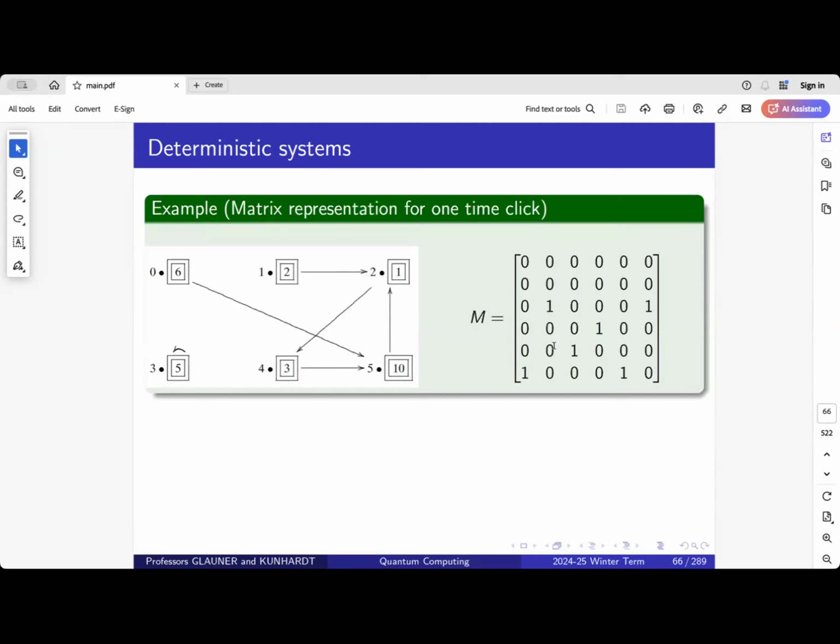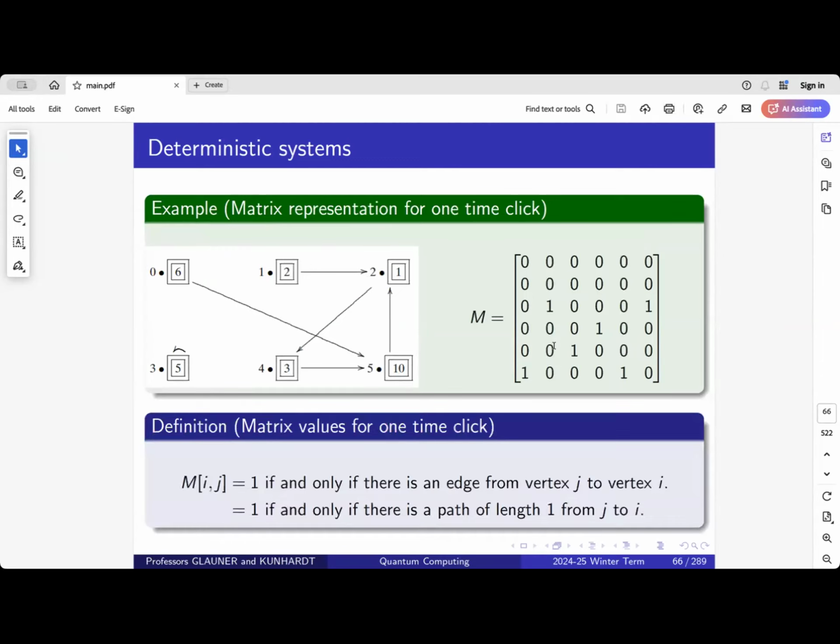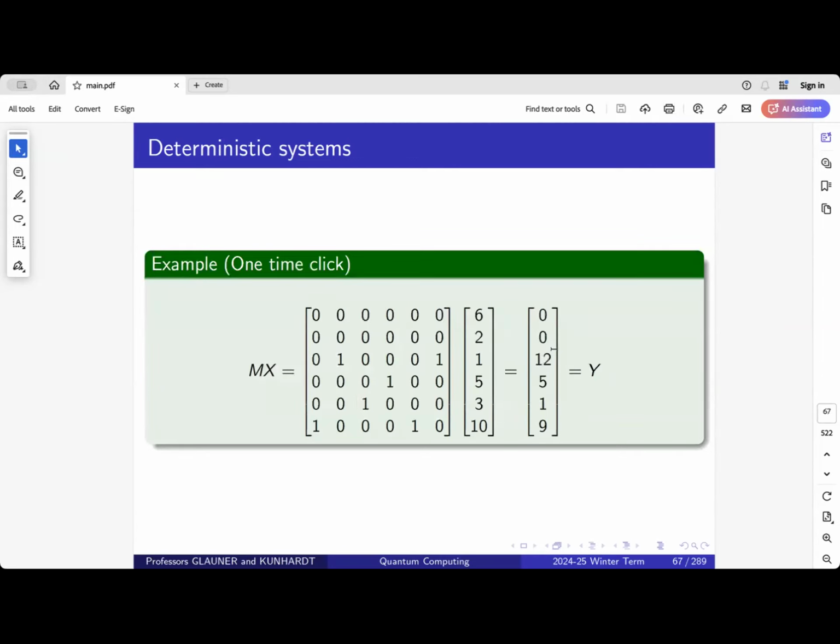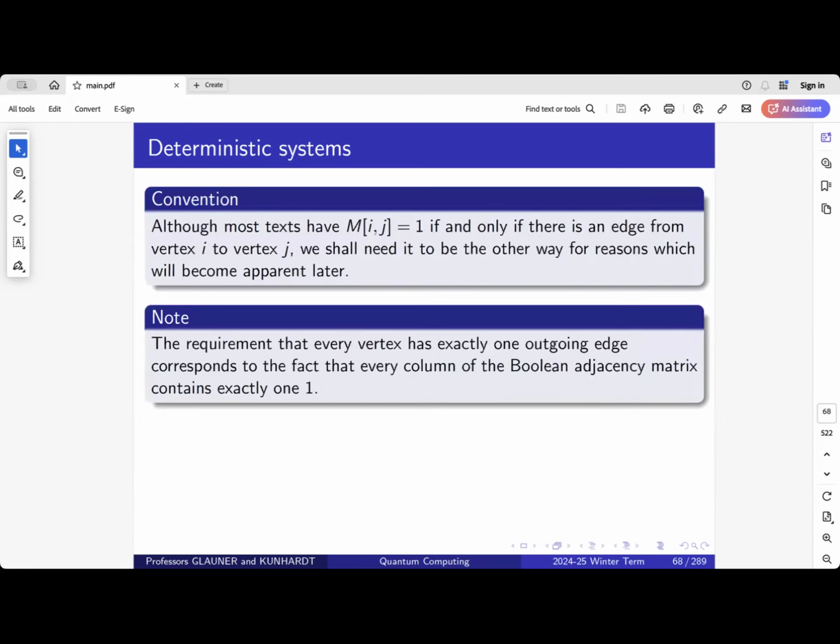We introduced that we can represent our graph as an adjacency matrix, which denotes the transitions from one vertex to the others. If we take this matrix and multiply our state vector, which is a column vector representing the state of our deterministic system, from the right, we do one transition, and then we have the new state after that one transition.